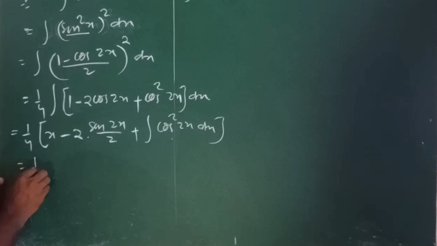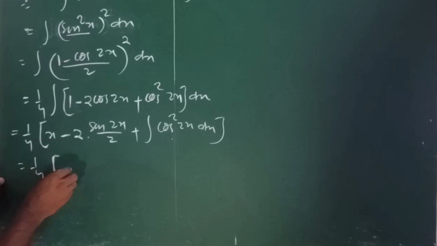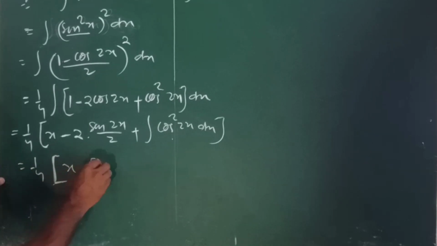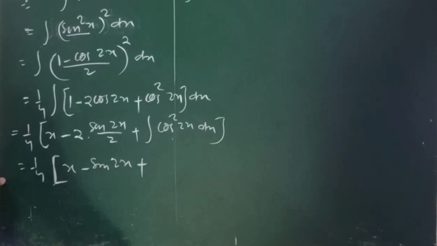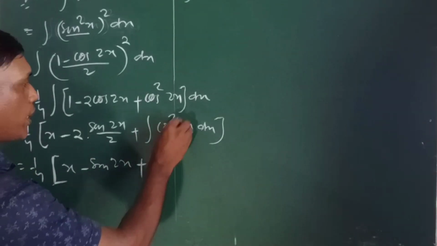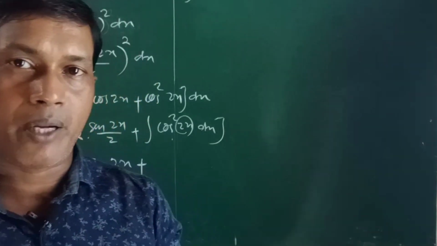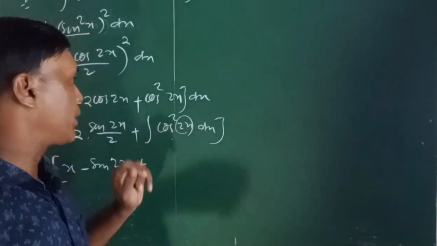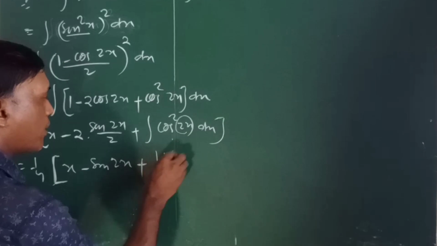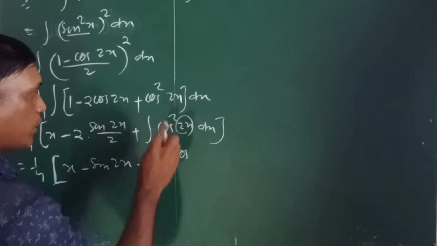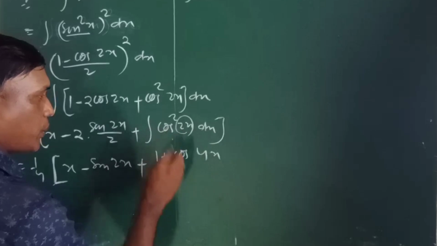So dear students, this is 1 by 4 into x minus sin 2x plus, look at here, this is cos square theta, and you know cos square theta is 1 plus cos 2 theta by 2. So this theta is 2x here, so I can write it as 1 plus cos 2 theta, meaning cos 4x, by 2.